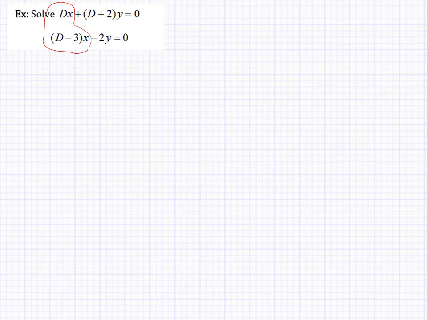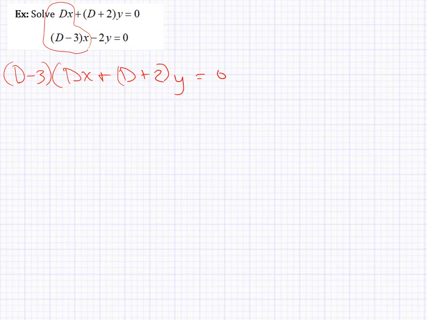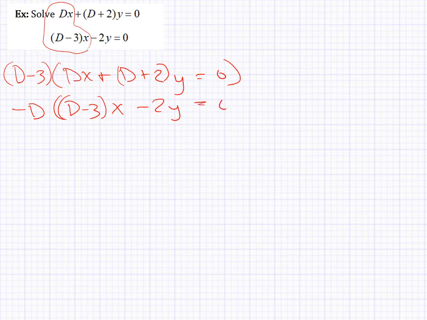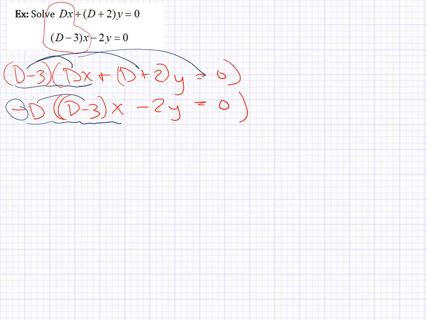If I operate a D minus 3 on the first equation, so that's D minus 3 times Dx plus D plus 2 y equals 0, and I operate a minus D on the second equation, so that's minus D minus 3 x minus 2y equals 0, what will happen is I'll have a D minus 3 Dx, and I have a D minus 3 Dx, but this one will have a minus, and they'll cancel each other out. So what do we get? Well, this has to operate on the entire equation. Same thing here.